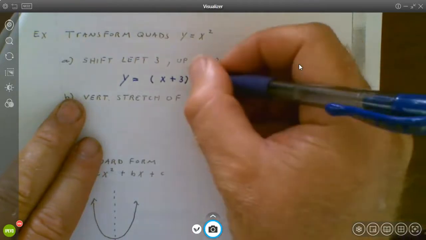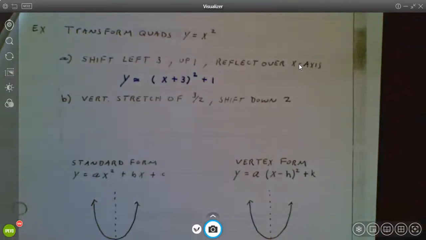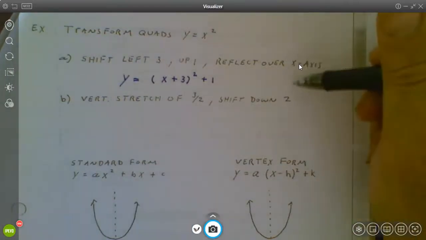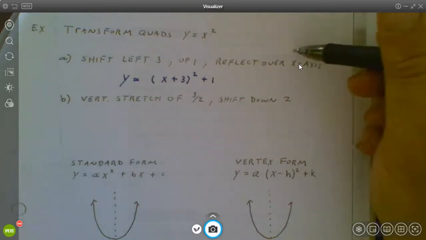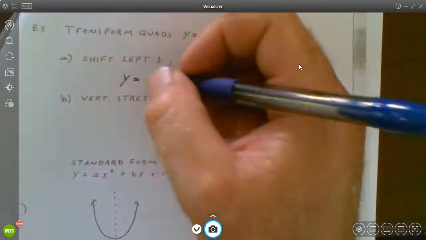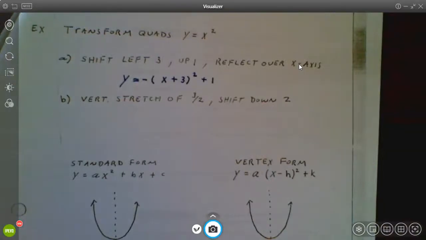So if we're going to go up 1, that's something we put out here separate where it's not attached to x. And then the reflection over the x-axis, right, that would cause you to go up or down if I'm going over the x-axis. So again, anything that is up or down is not attached to x. So we're going to put the negative out here, outside the parentheses, not attached to x. And so that's what that would look like.